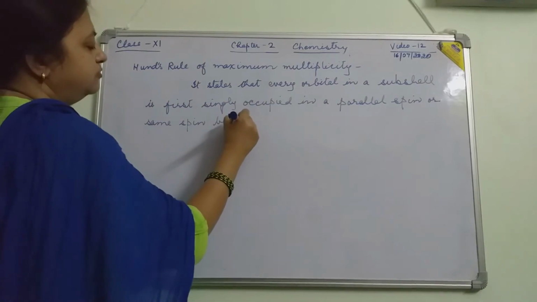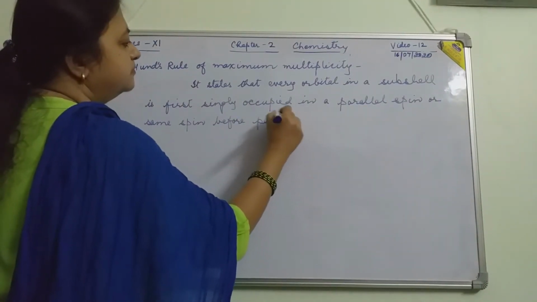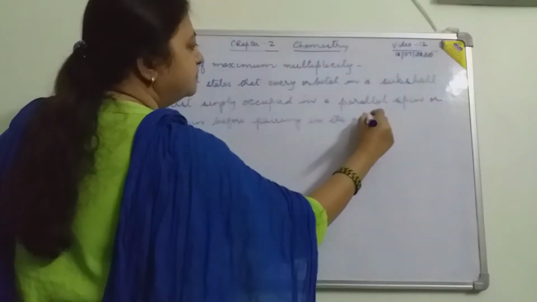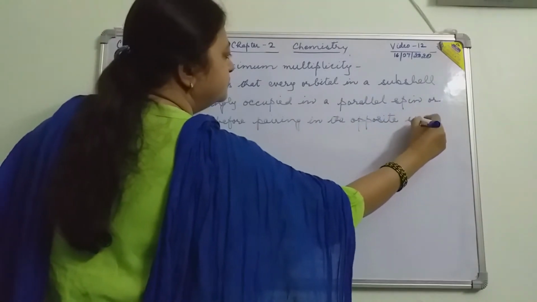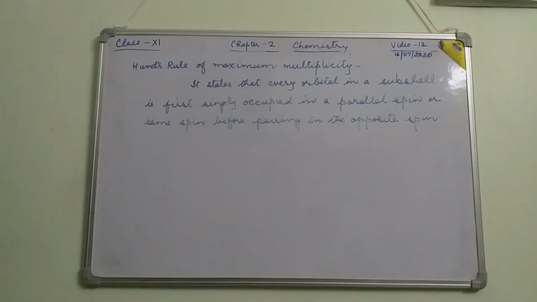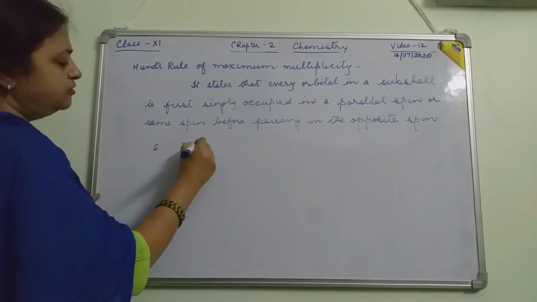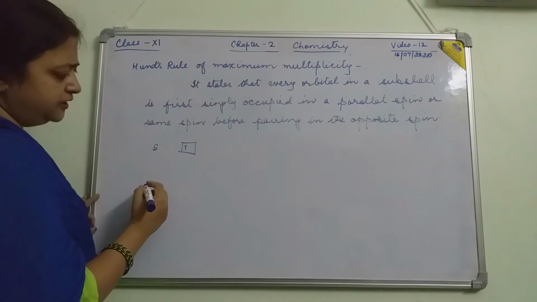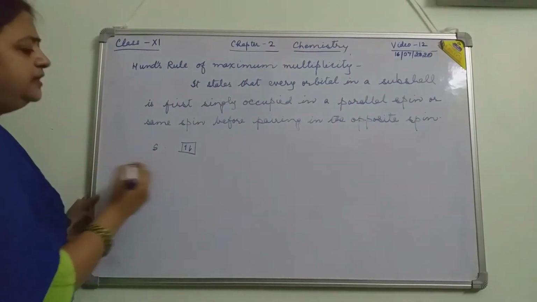Before pairing in the opposite spin: if we consider the s orbital, it has only one orbital, and when we start filling electrons, the first electron is filled clockwise and the other anti-clockwise.